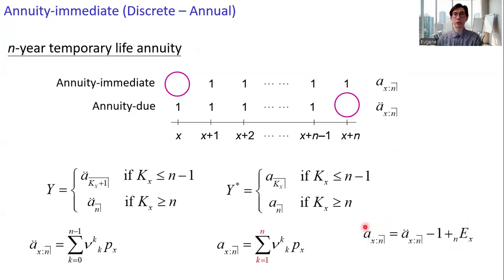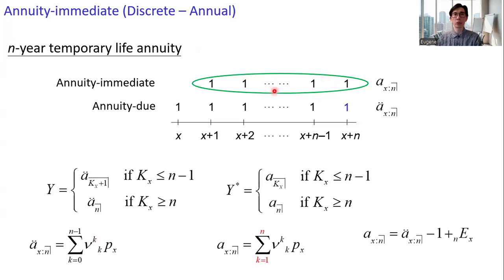All right, we are going to build another relationship. Consider an additional payment of 1 here. All right, so for the annuity immediate, this is still n years. And for the annuity due, here we have an n plus 1 year annuity due. And therefore, we update the notation.